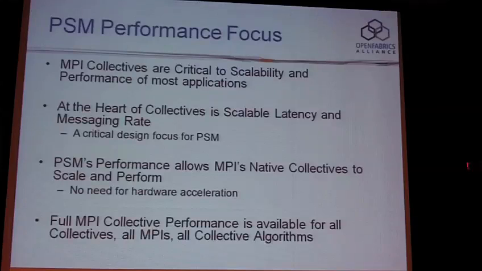So by doing this, we were able to get the native collectives within the various MPIs to all scale and perform very well without needing any specialized collective-oriented hardware acceleration for the present generation. So the result is you get the full availability of all the different collectives, all the different MPIs, all the assorted collective algorithms.